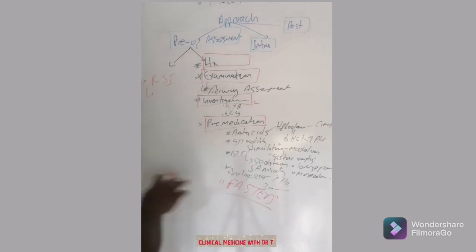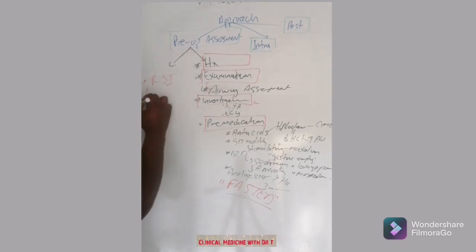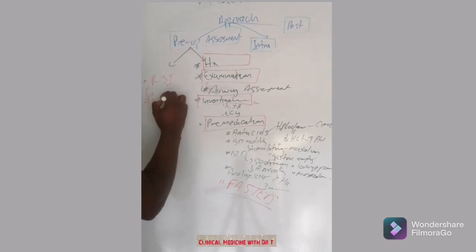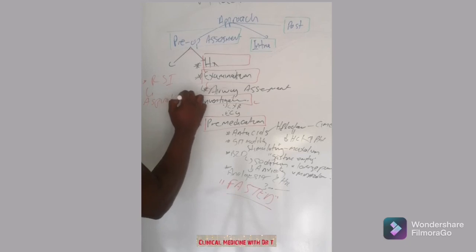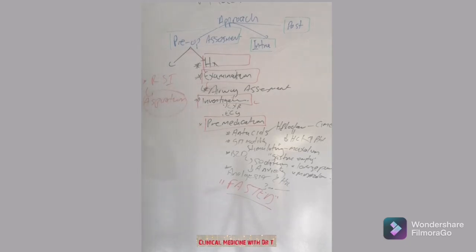The first thing about rapid sequence is that you are thinking about aspiration, which I think we must talk about in another video. You don't want the patient to aspirate. The steps around rapid sequence are all about protecting the airway and making sure that the patient does not aspirate.